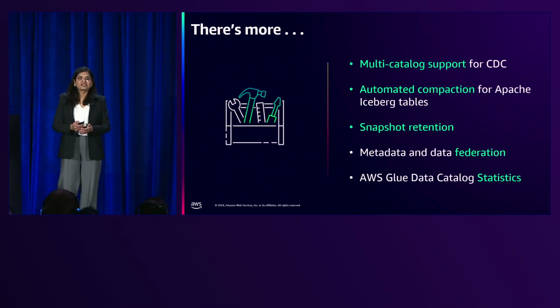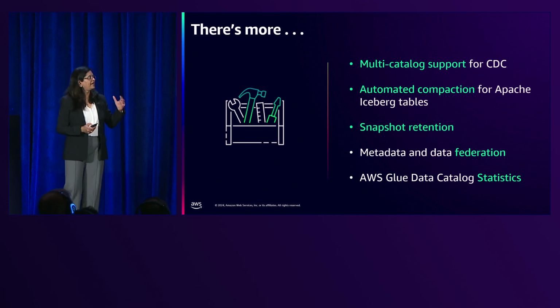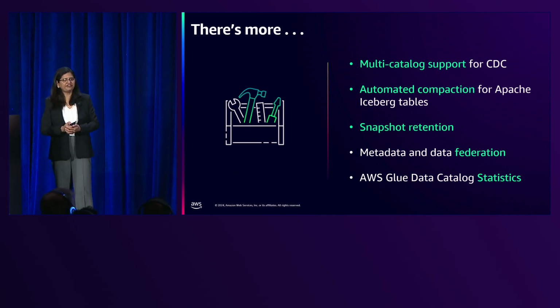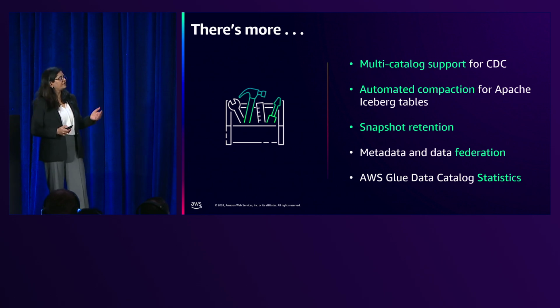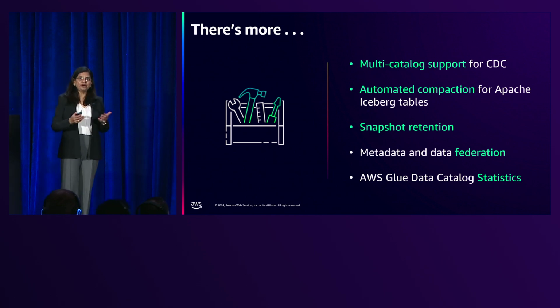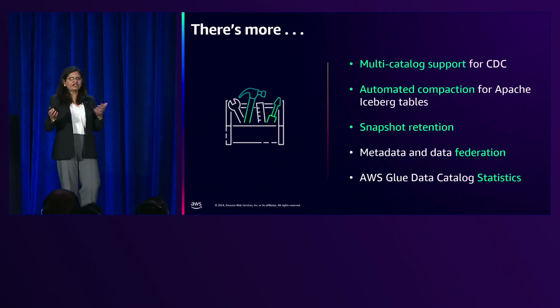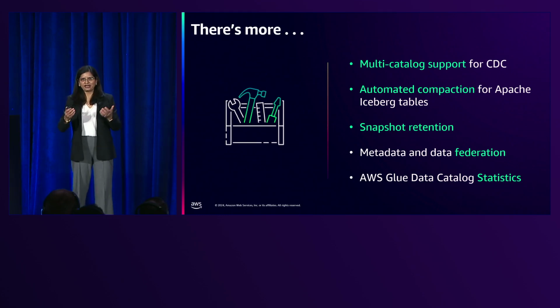But there's more. The Glue Data Catalog itself has been working very hard at bringing about multiple features this year, and they include multi-catalog support for supporting your change data capture. So if you think about the Glue Data Catalog today, there's a one-to-one mapping between the catalog and your AWS account.